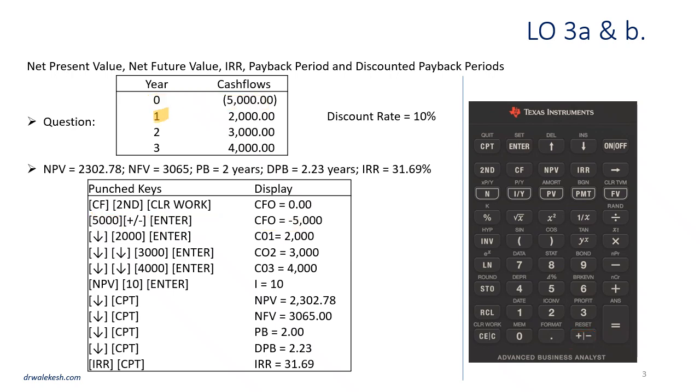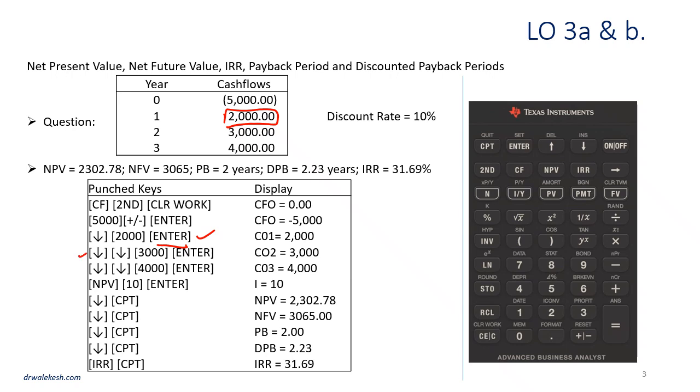Then moving on to year 1, you would press arrow down, then 2,000. Fortunately for us, it's a positive figure. If it was a negative figure, after 2,000 you would have pressed plus or minus again. But we are fortunate here, so it's just 2,000. Then enter.